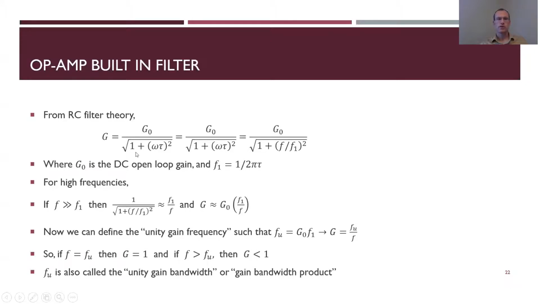And again, G0 is my DC open loop gain. If I have high frequencies, so F much bigger than F1, this is going to attenuate roughly as F1 over F. My gain is going to be factored by the DC gain by the same factor, F1 over F. So it's going to drop down pretty fast, just like we saw with the low pass filters.